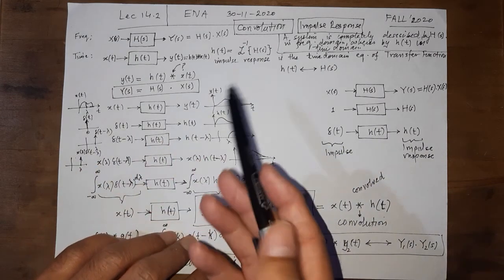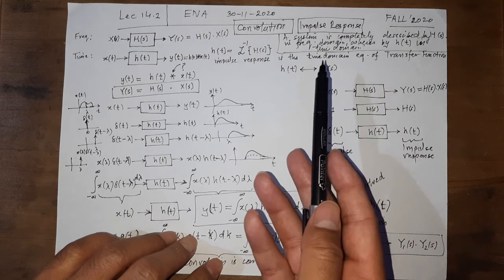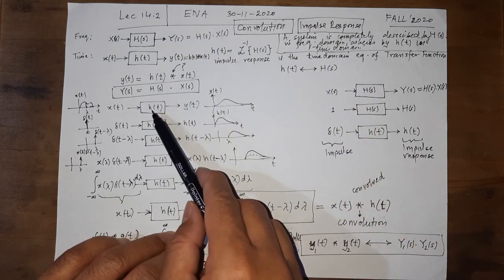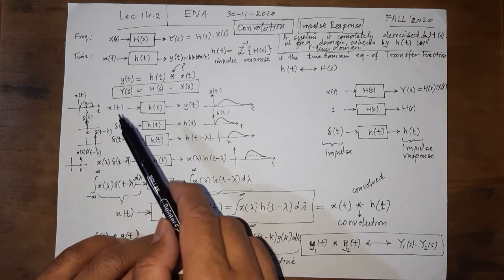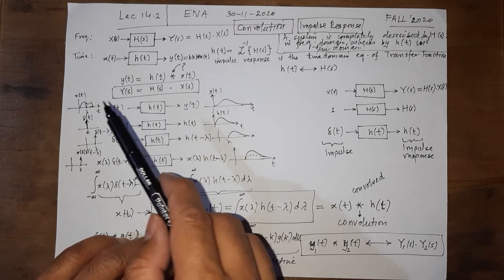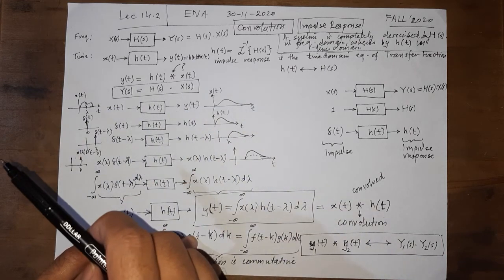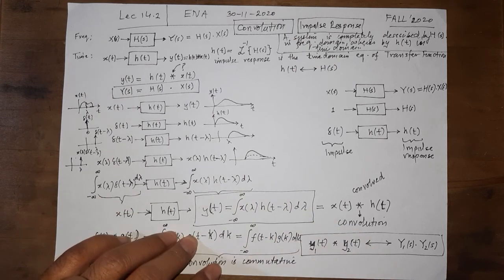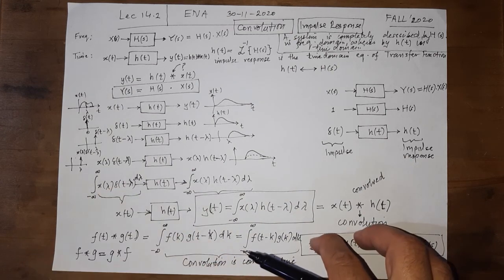So that's important. And in the time domain, if we know the impulse response of a system, of a circuit, for a particular input and output defined, then we know everything about that electric network. So it's completely described. So what would be our goal?